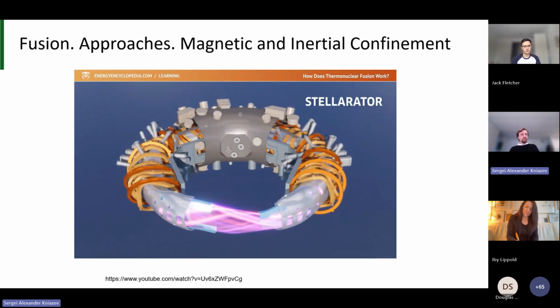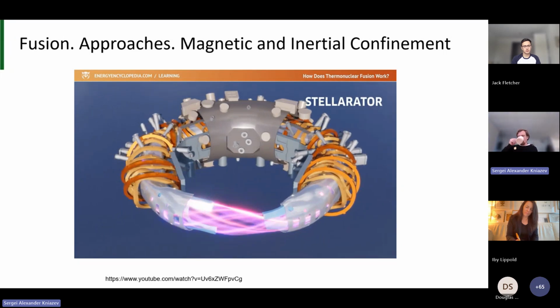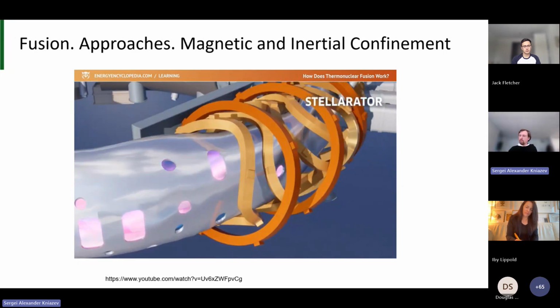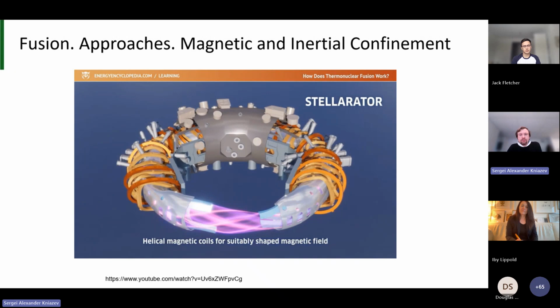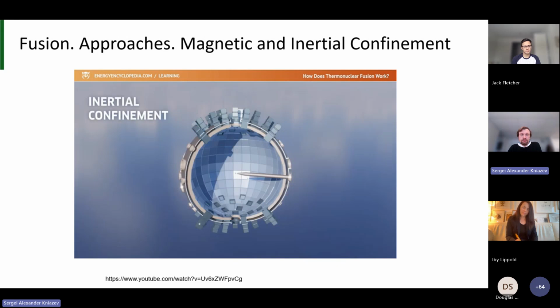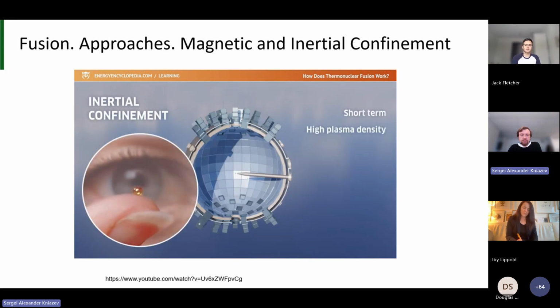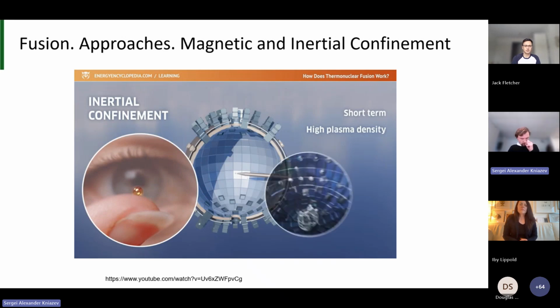Stellarators, unlike tokamaks, create a suitably shaped magnetic field by adding external helical magnetic coils, usually of a very bizarre shape. Stellarators could work continuously in the future, whereas tokamaks are more pulse facilities. During inertial confinement, it is about achieving a short-term high plasma density by compressing a pellet of thermonuclear fuel using a beam of radiation, most often generated by a powerful laser.